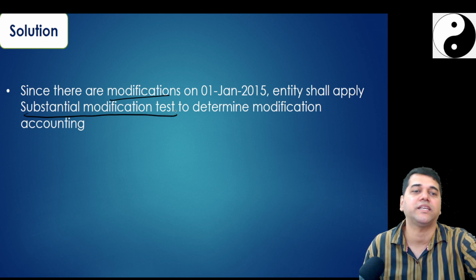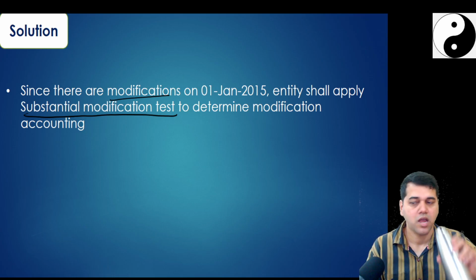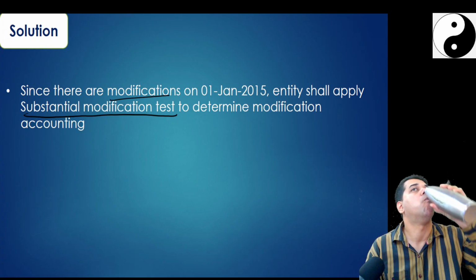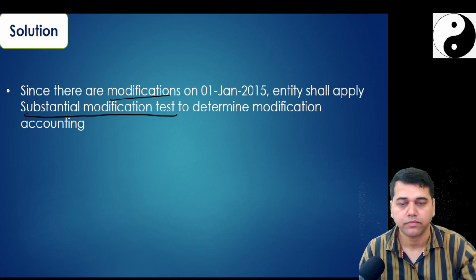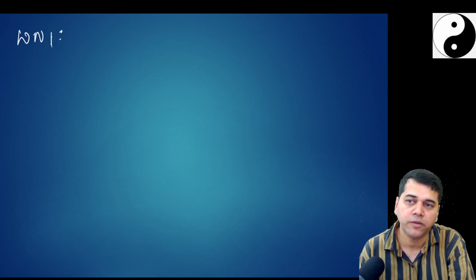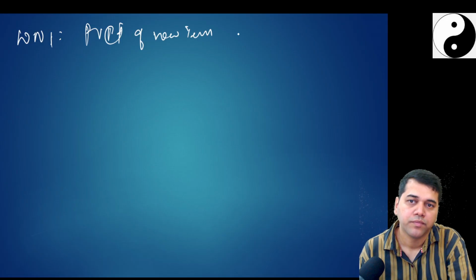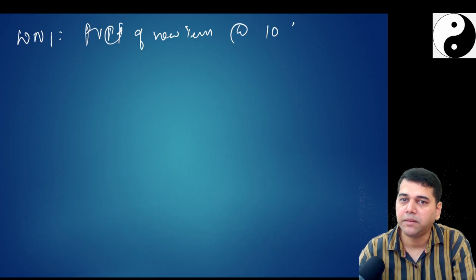Same story we will write. Yes, working note number 1. To perform the modification test, working note 1: PVCF of the new terms at what percentage? 10%.